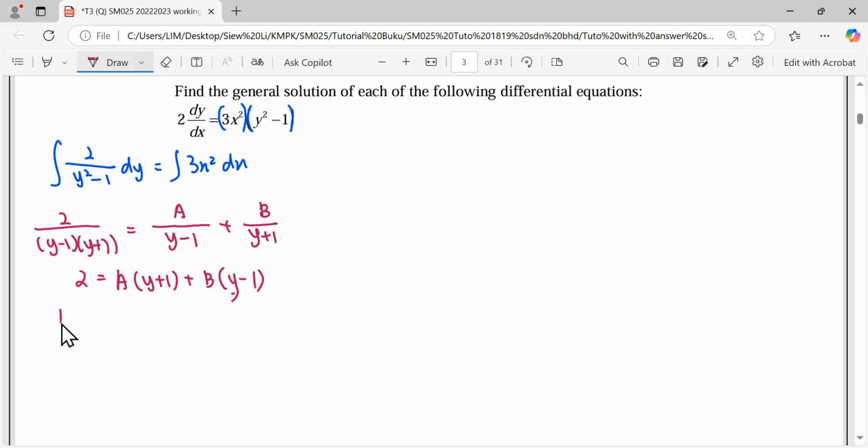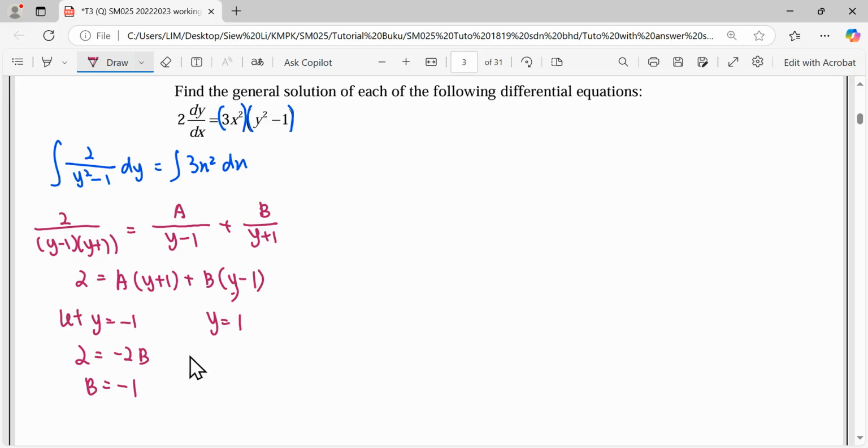Then we start to solve for the two unknowns. Let y be the roots, let's say negative 1, and y to be 1, so that we can find these two constants. For negative 1, we get 0, so B we get negative 1.